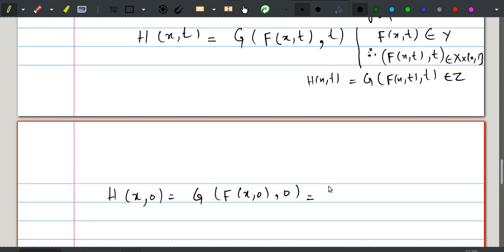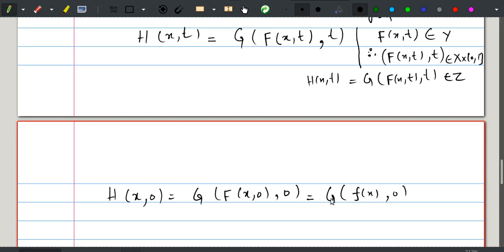When we restrict F to 0, we get little f, so this is f of x, and this is 0.